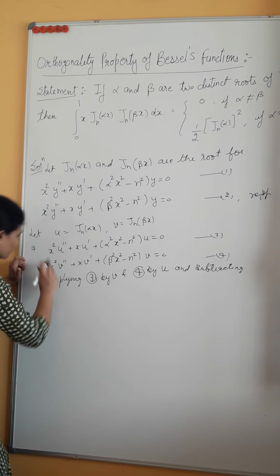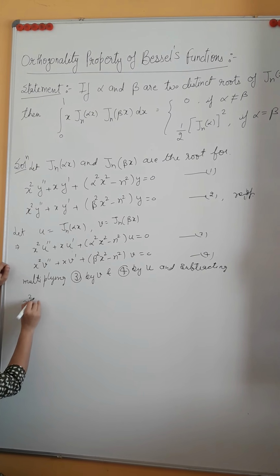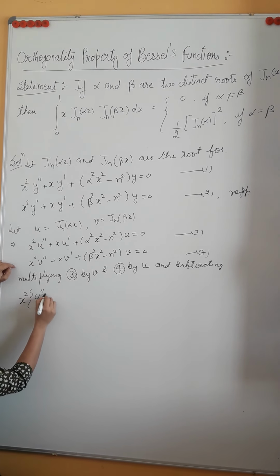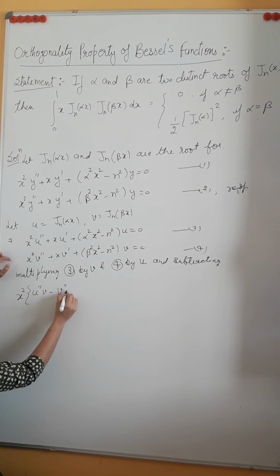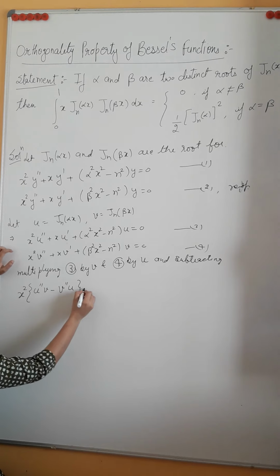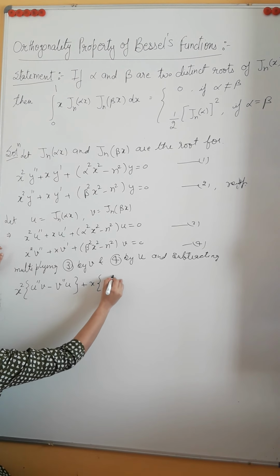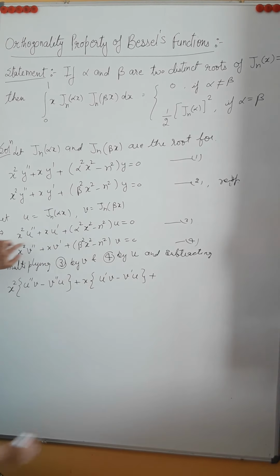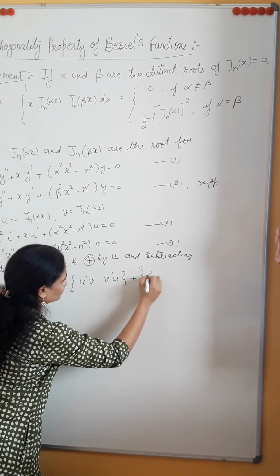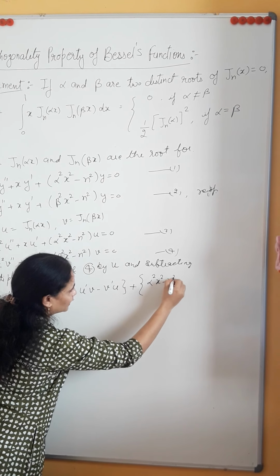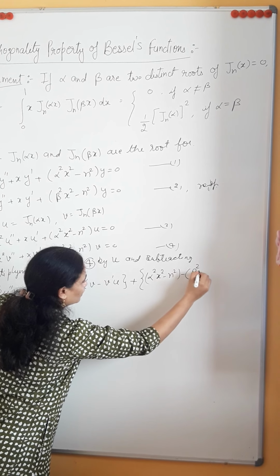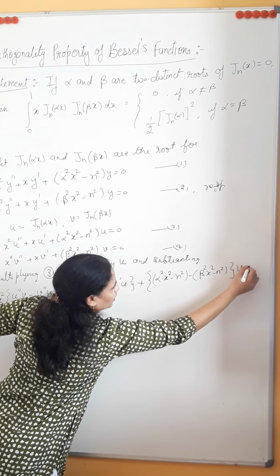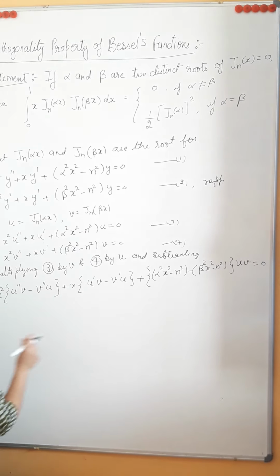The first term is x square, since x square is common in both terms: x square (u double dash v minus v double dash u) plus x (u dash v minus v dash u) plus ((alpha square x square minus n square) minus (beta square x square minus n square)) u v.